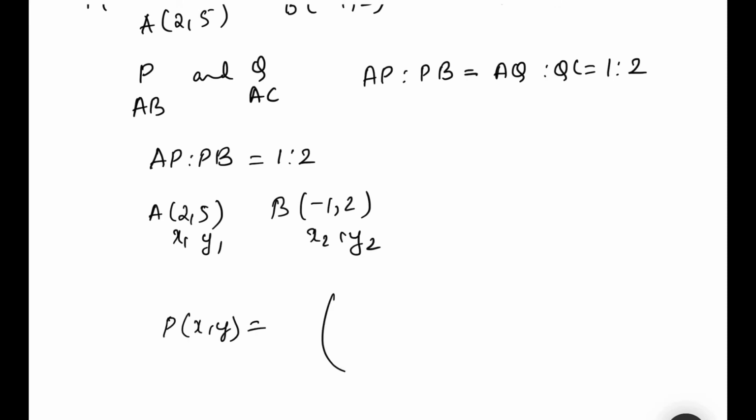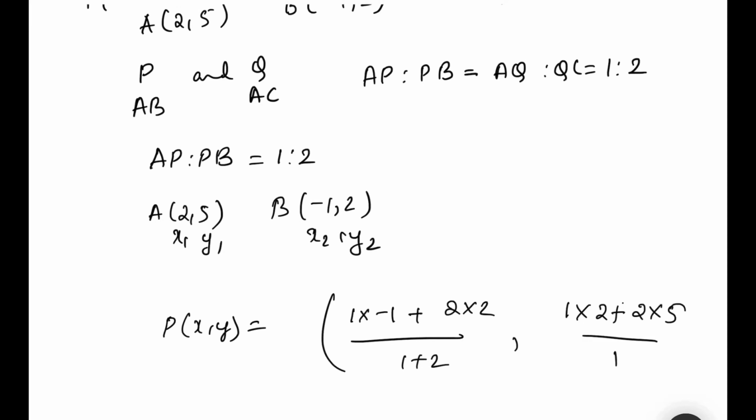So let me write P(x, y) equal to (1 into -1 plus 2 into 2) by (1 plus 2), and (1 into 2 plus 2 into 5) by (1 plus 2).